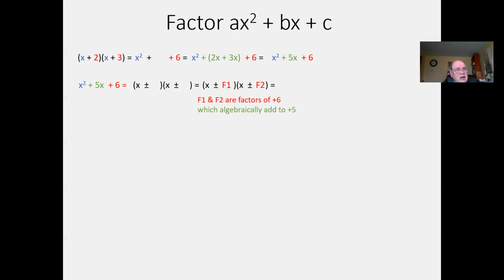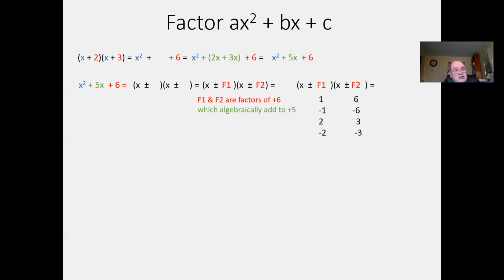Look at our problem. Our problem is we have the 6 at the end, so we need the factors so that they will multiply up in our multiplication algorithm backwards. We need the factors of 6, which will add algebraically, considering the signs. You have to watch your signs to get a plus 5. And that's it. That's the backwards thought of this algorithm. It just takes some practice.